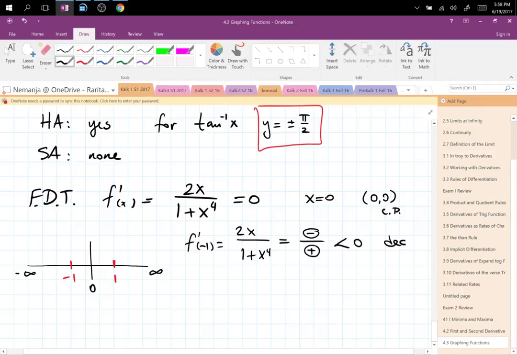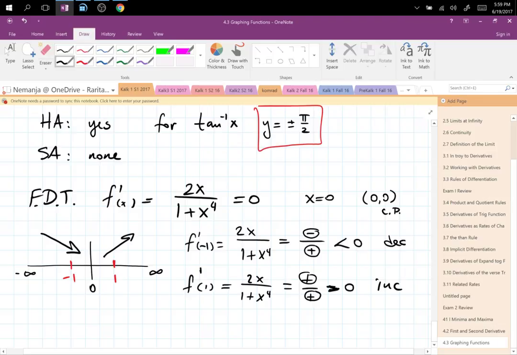We have a decrease. And the first derivative computed at 1 is now positive divided by positive, which gives me larger than 0. So we have the increase. So it appears that there is a minimum at our critical point.